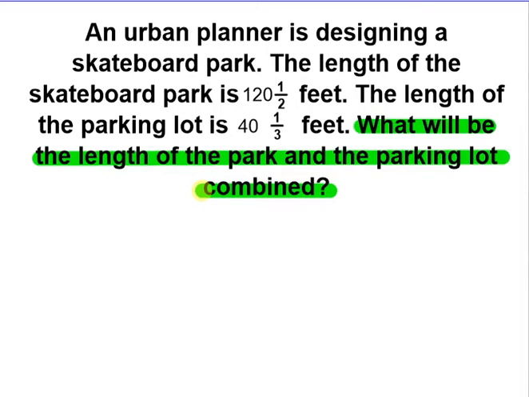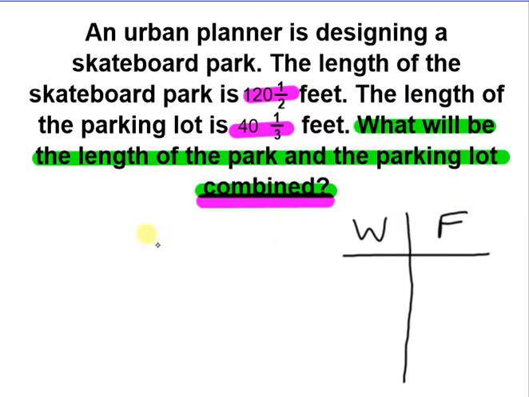And it looks like my question is they want the length of the total skateboard park in addition to the parking lot. And the word combined stuck out to me as meaning that I need to add something together. And it looks like these two numbers are going to be very important to me. So I'm going to add those two numbers together. I see that they're both mixed numbers, and so I'm going to create a WF chart for myself.